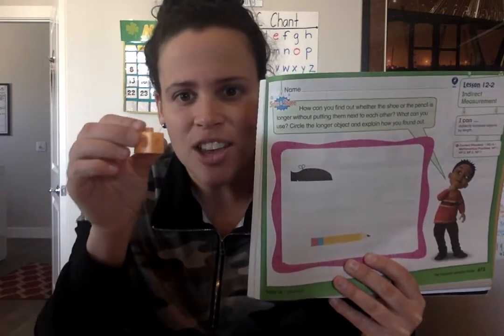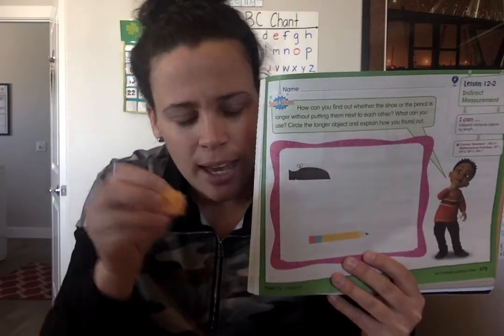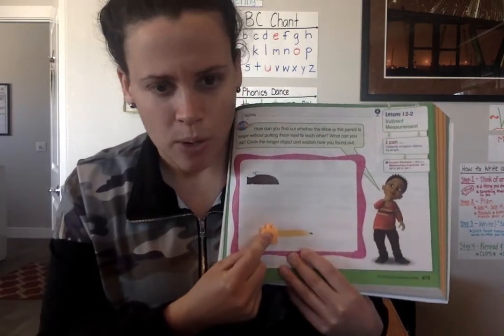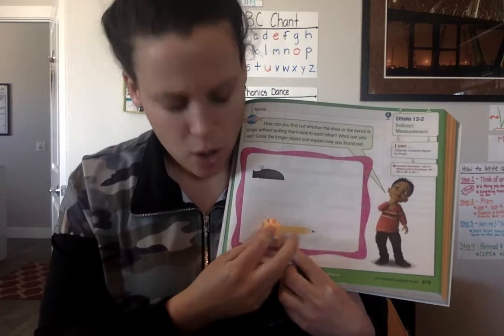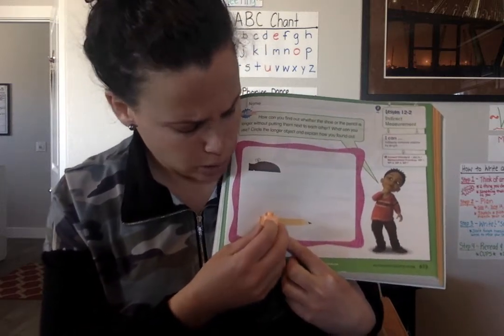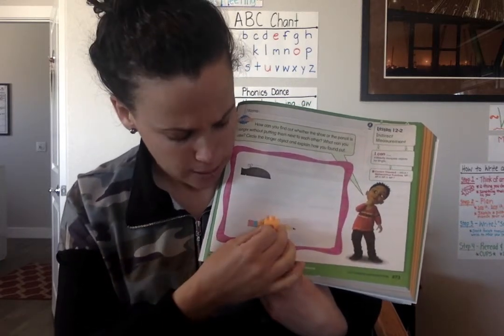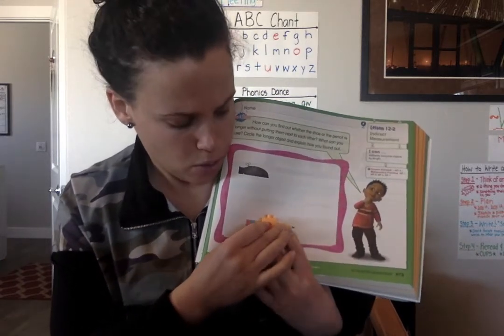I used a cube. What I did is I measured with a cube. I'm doing the pencil first. When you measure, you want to make sure you start at the very end. Then you hold your finger where it ends up next, and you move it. 1, 2, 3.